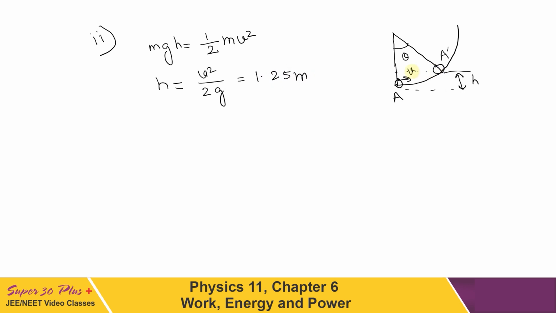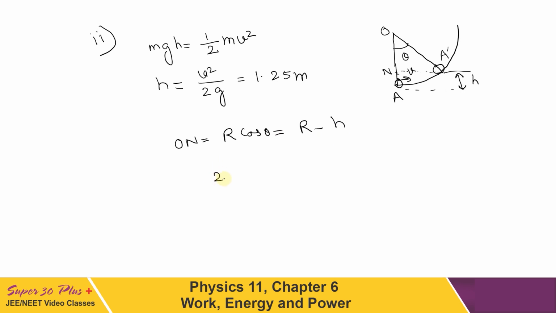Now as you can see from the triangle here, let us draw a normal at this O being the center. We can write ON equal to r cos theta, and that should be equal to r minus h. Now we have the value of h, we have the value of r, so of course we can calculate the value of theta. Here r is given as 2 meter.